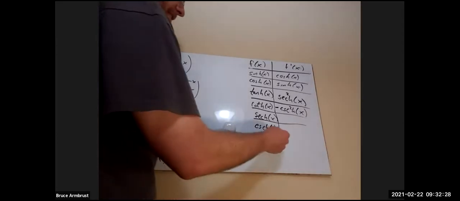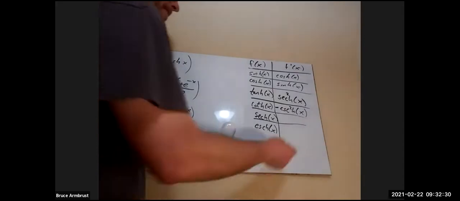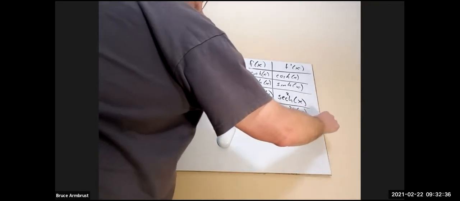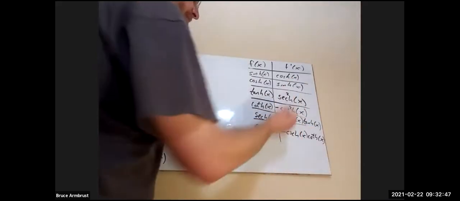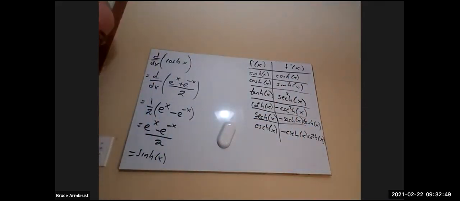All right, and then sech and cosech. Well, obviously secant was secant tangent, so this is going to be a sech tanh, and cosech is going to be a cosech coth. Turns out both of those are negative.